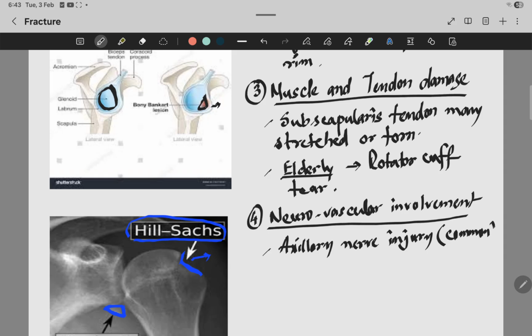In case of axillary nerve injury, there may be loss of sensation over the regimental badge area.